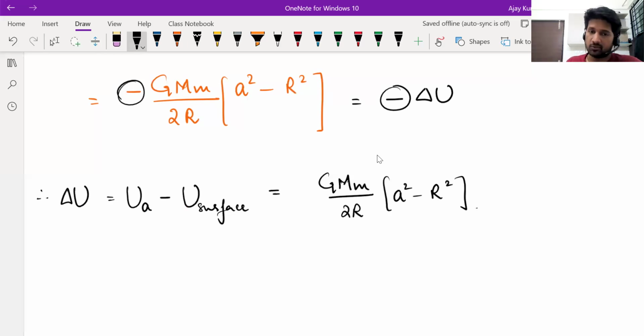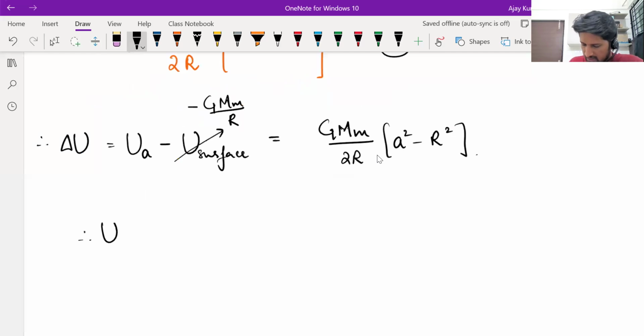And we know the potential energy on the surface. Therefore, we can tell the potential energy at a distance a. Surface potential energy was minus GMm by capital R. Minus minus cancel. Left hand side it will be plus, but when it goes to right hand side, it will again become minus. Therefore, potential energy at a distance a from the center inside the solid sphere will be, I'll split that right hand side into two terms, GMm a square by 2r, minus GMm.